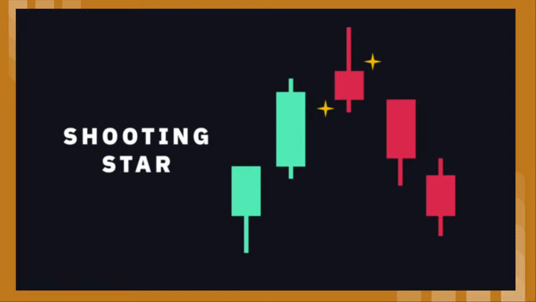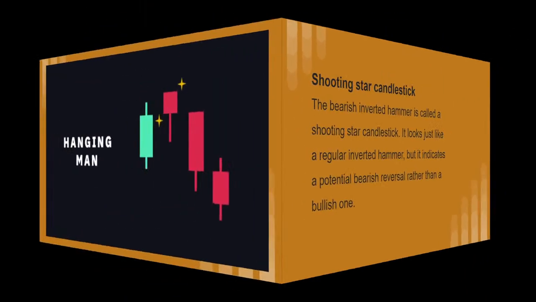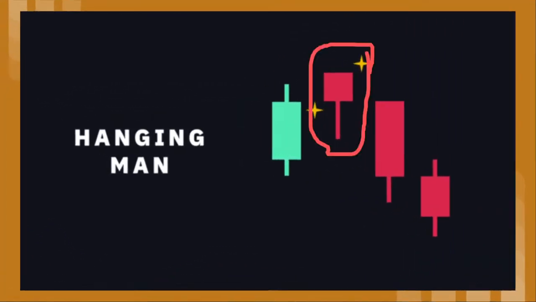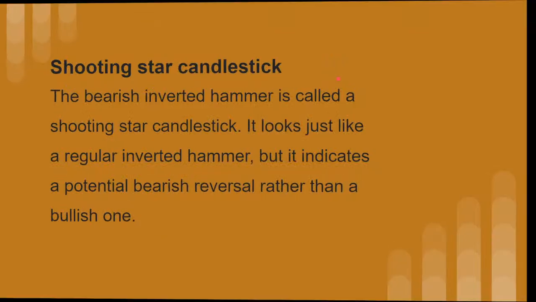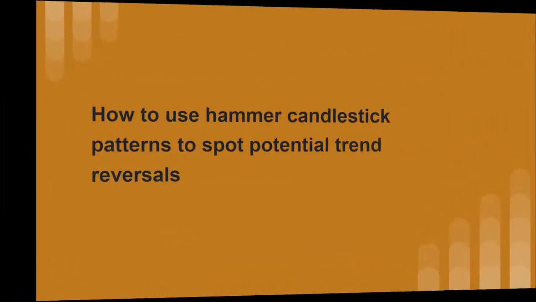Because the shooting star shows you the same kind of thing as the hanging man, isn't it? But the hanging man is a candle on the upside, right? So the body is on the upper side and it is inverted bearish. So inverted bearish is also the same thing. It shows the downtrend. After forming this kind of candle, it shows a downtrend, and that is what we have to understand with this, right?